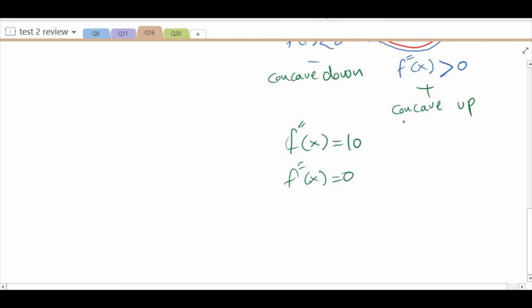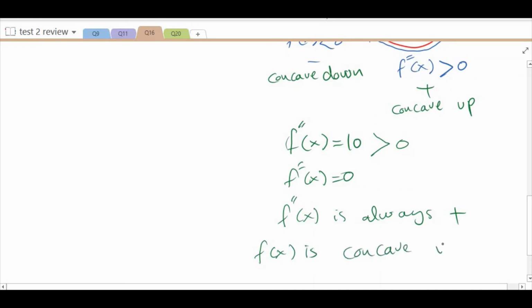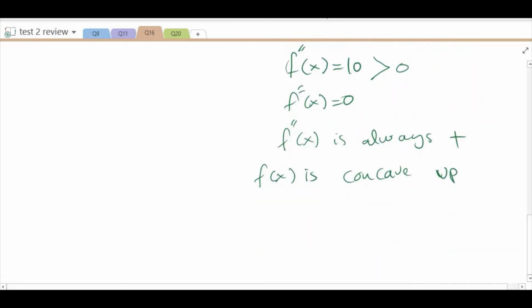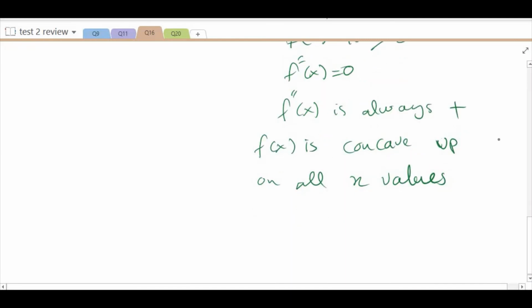I can also assume that f double prime of x is always greater than 0 because 10 is greater than 0. So because f double prime of x is always positive, I'm going to say that f of x is concave up all the time, on all x values.